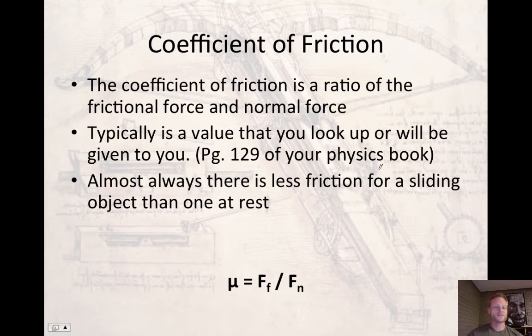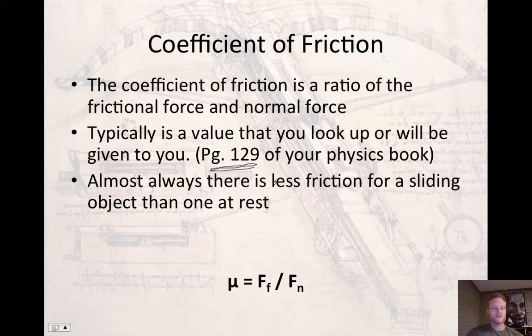The coefficient of friction is a ratio of frictional force and normal force. Typically, though not always, because sometimes I'll ask if you can calculate the coefficient of friction, it'll be a value that I either give you or ask you to look up. In your books, you'd find a chart or table on page 129 that's divided into sliding or kinetic friction and static friction.